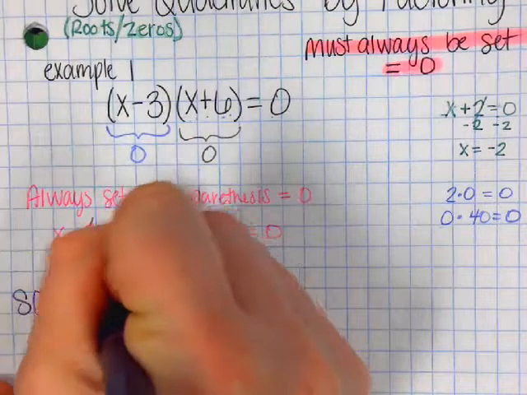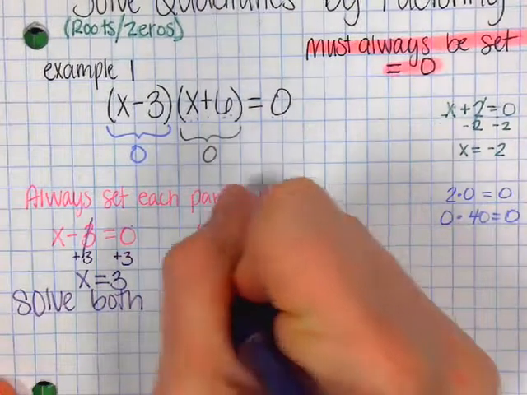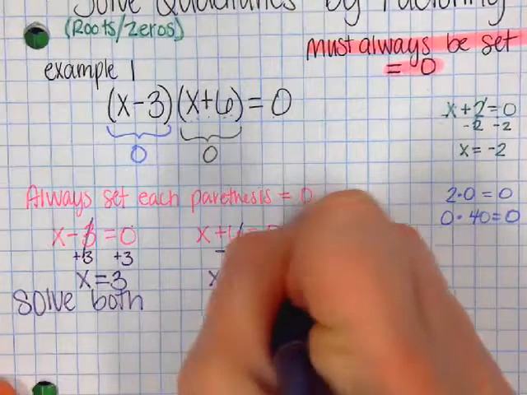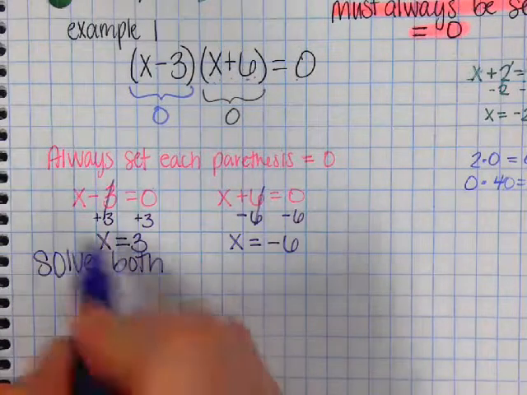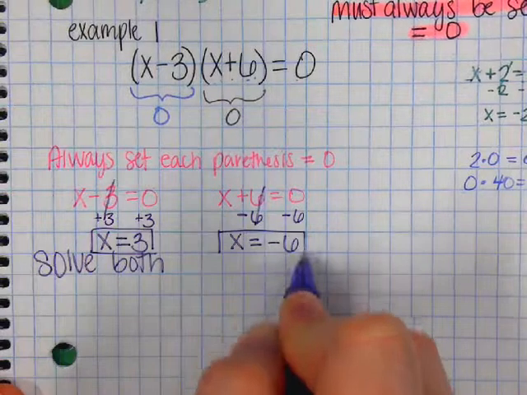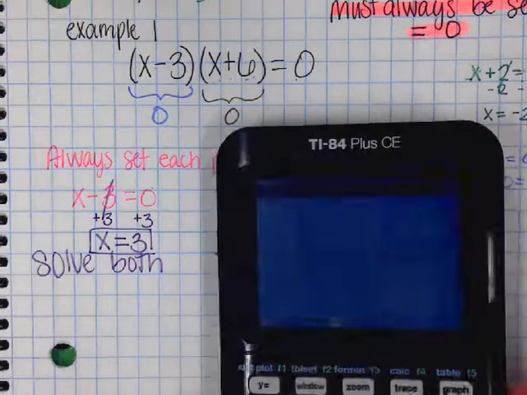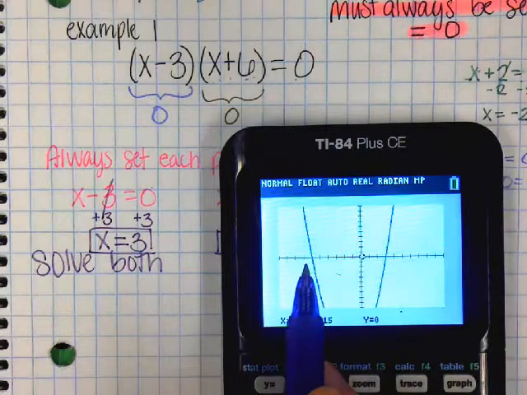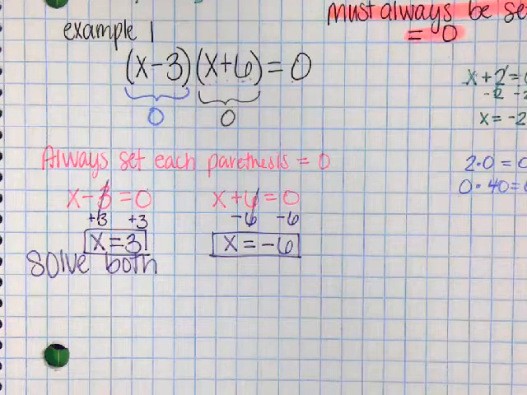So x equals 3. And then I'm going to subtract 6 on this one. So x equals negative 6. So solve both. So you have this one and this solution. Remember, we just found those when we looked at our calculator. Negative 6 and positive 3.